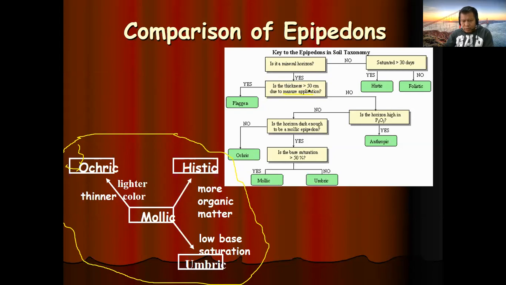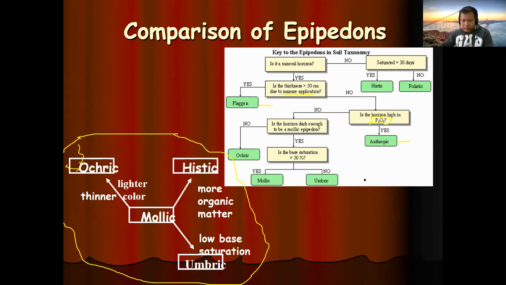If it has a thickness of more than 50 centimeters due to manure, yes, then that must be called a plaggen diagnostic horizon. If the horizon is high in P2O5 or phosphorus, if it is more on phosphorus because of human application to the field, then that must be an anthropic. Anthropic now is the accumulation of phosphorus in the A horizon, anthropic horizon.